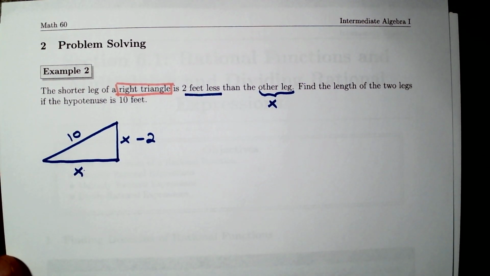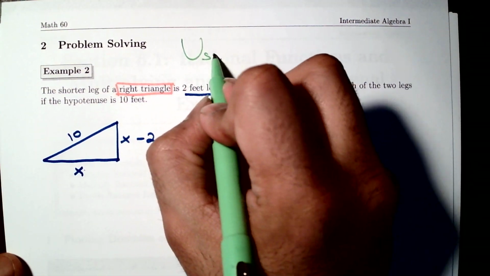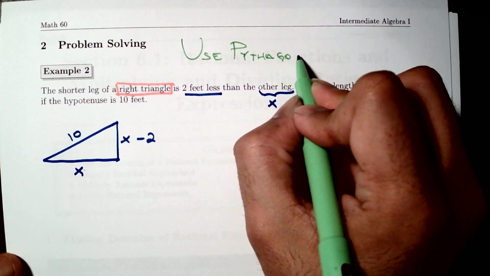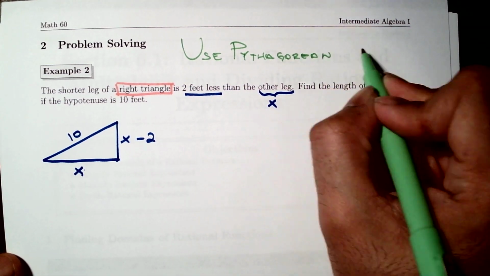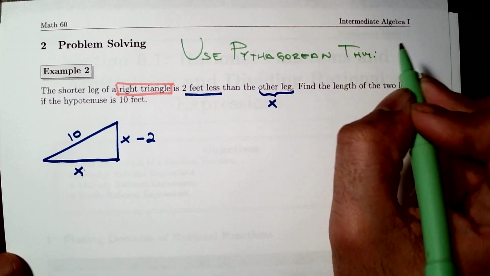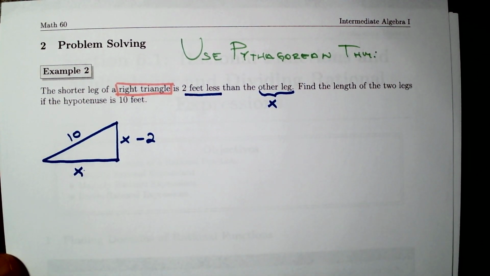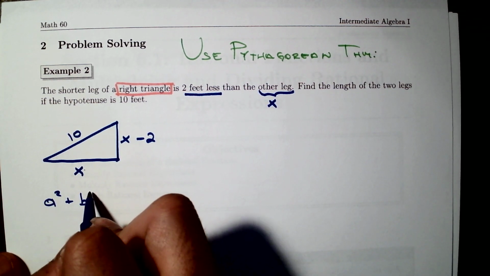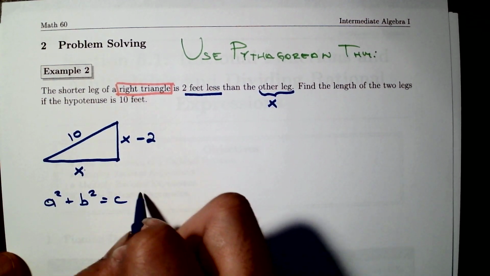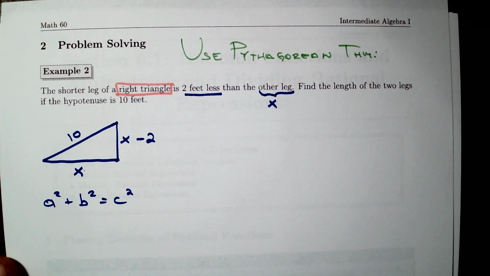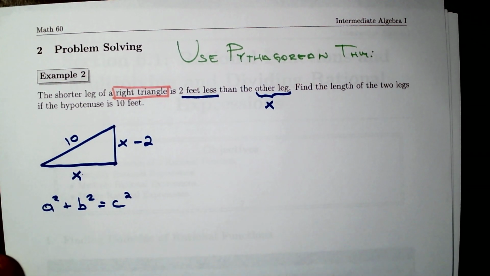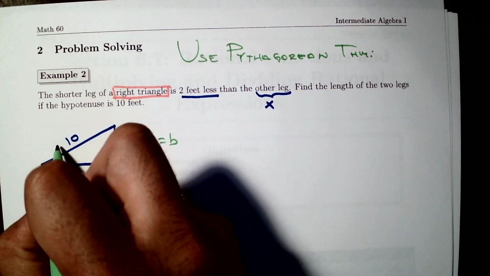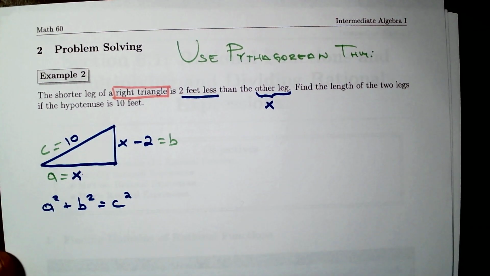In this case, we're going to use the Pythagorean Theorem, which states that the first side squared plus the second side squared equals the hypotenuse squared. You might want to label this if you want. So call this A, call this B, and call this C.